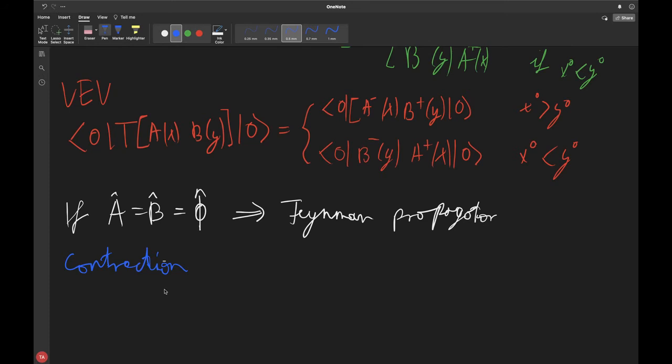The contraction of two operators A and B is denoted as this thing, and that just means what we were discussing now: the time ordering of the A and B operators minus the normal ordering of the A and B operators.